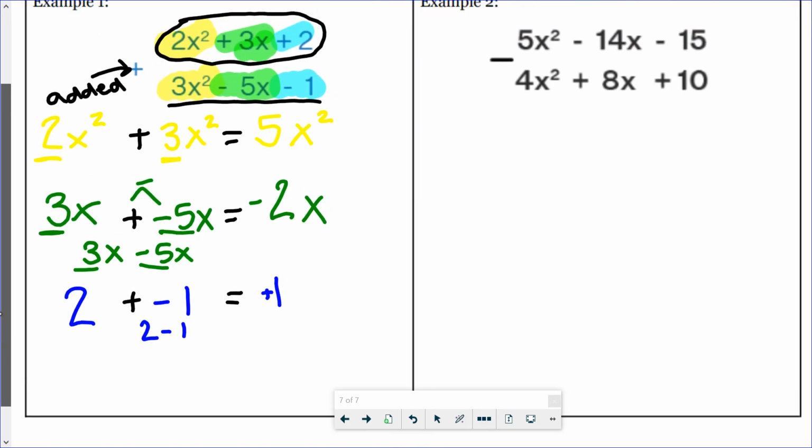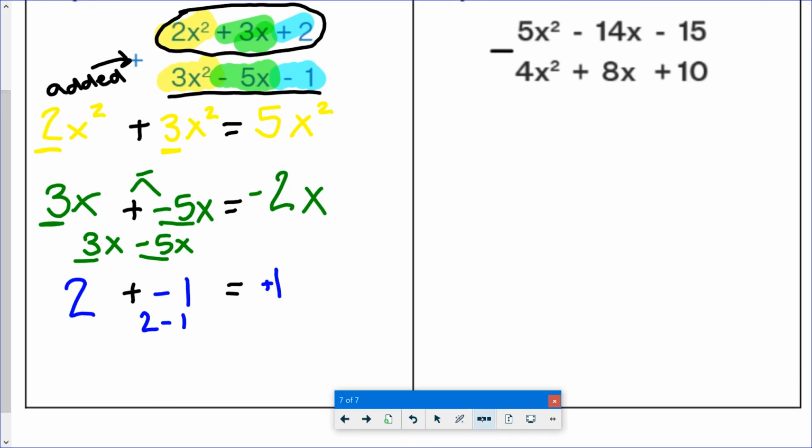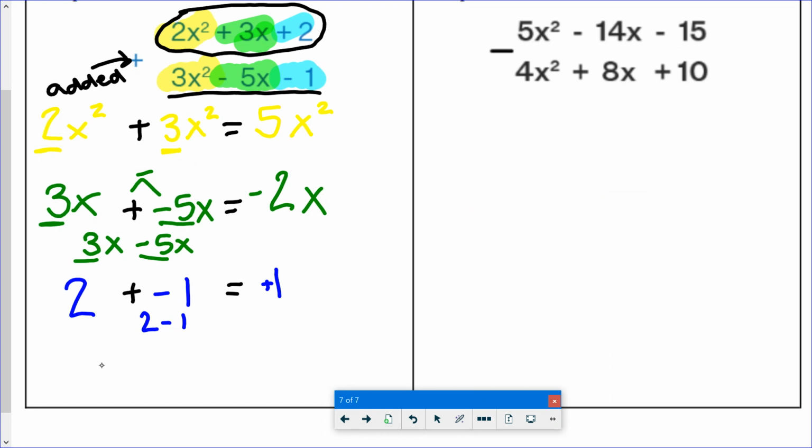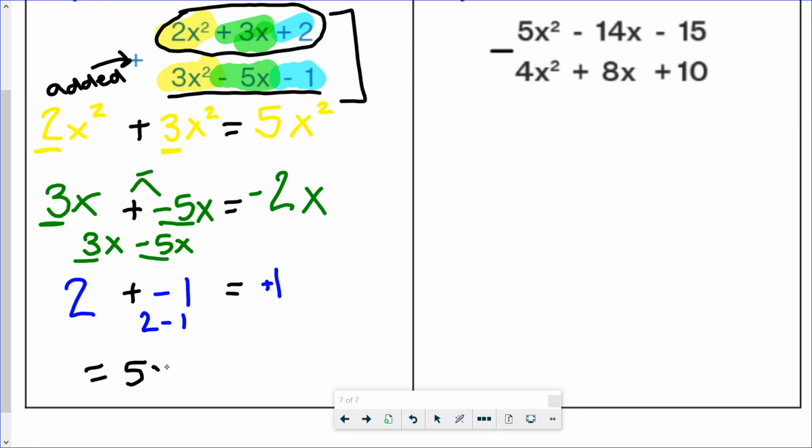Now that I have these pieces, I can write my answer, okay, by putting all of these pieces together. So I have that the addition of these two polynomials up here is equal to 5x squared minus 2x plus 1.